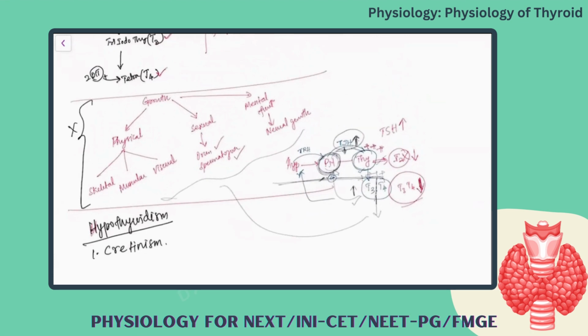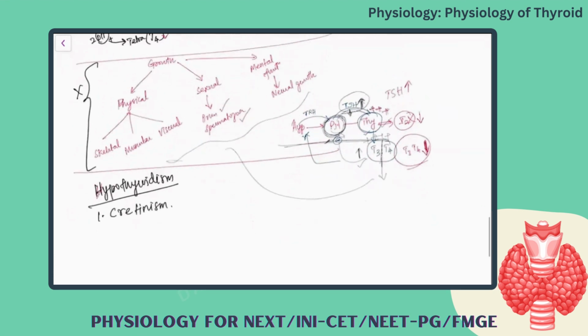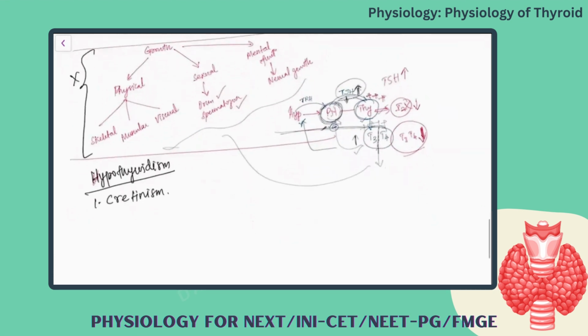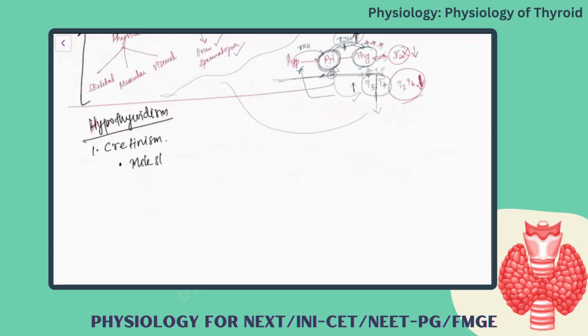Okay, so the first and foremost abnormality you will find in case of children is that milestone development is affected. What is milestone development?